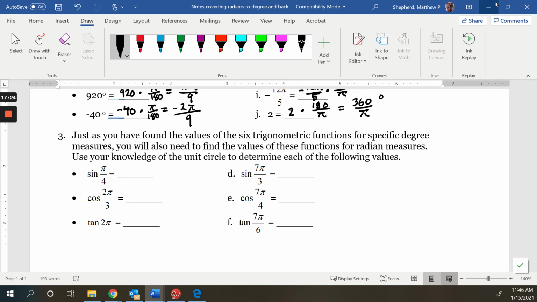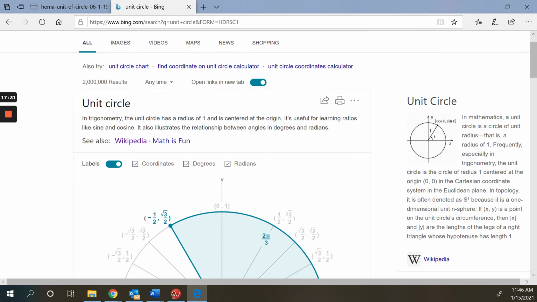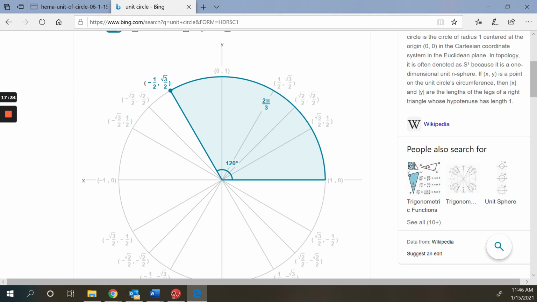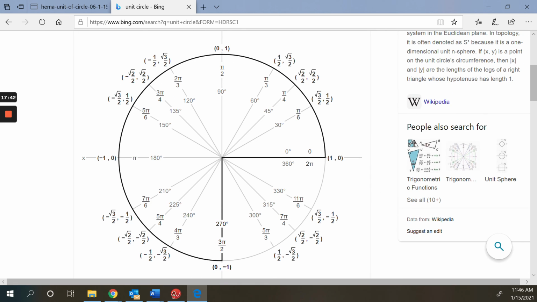So we're going to use our knowledge of the unit circle in order to do this. Now, I'm going to quickly refer back to my unit circle, and now we can see our full unit circle displayed for us.